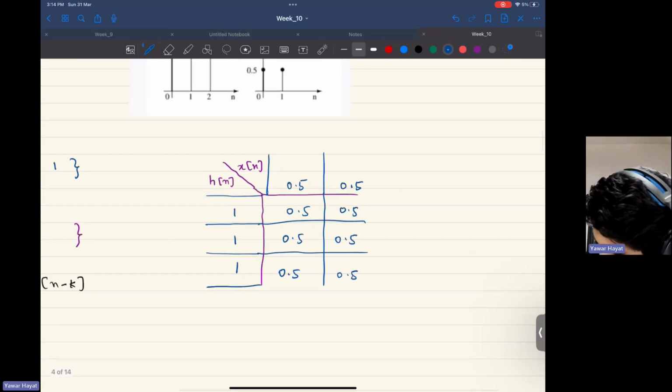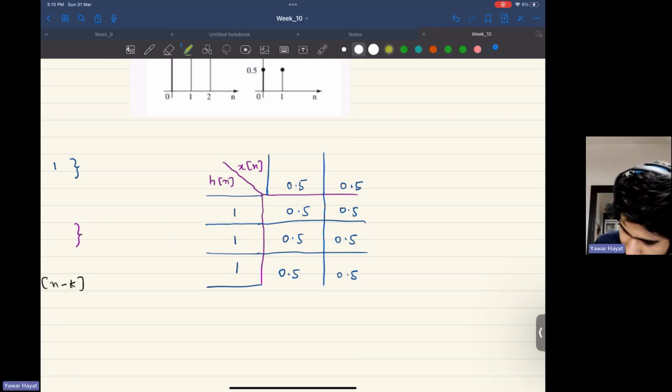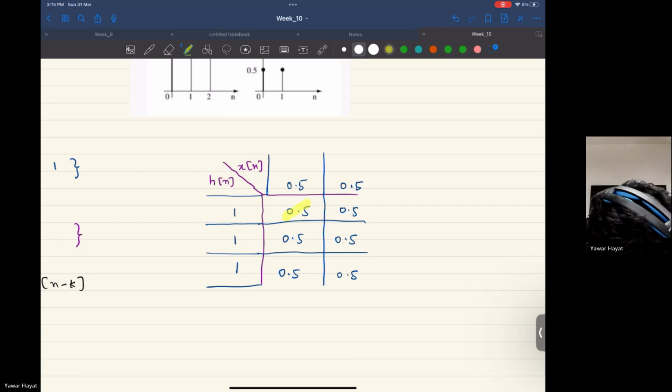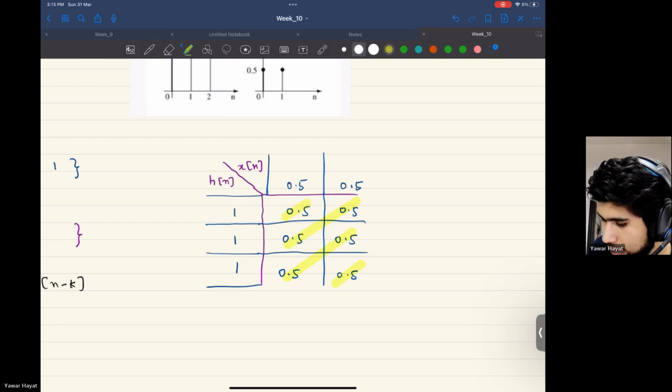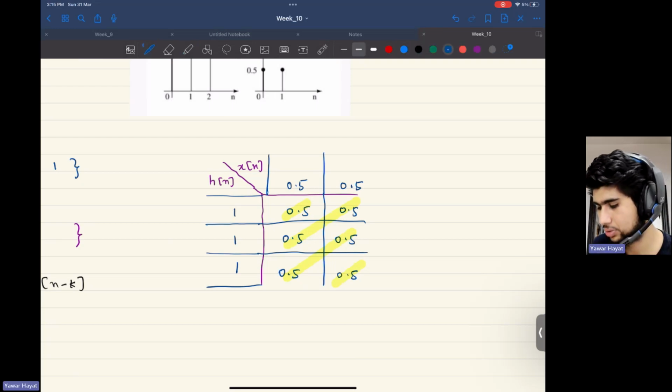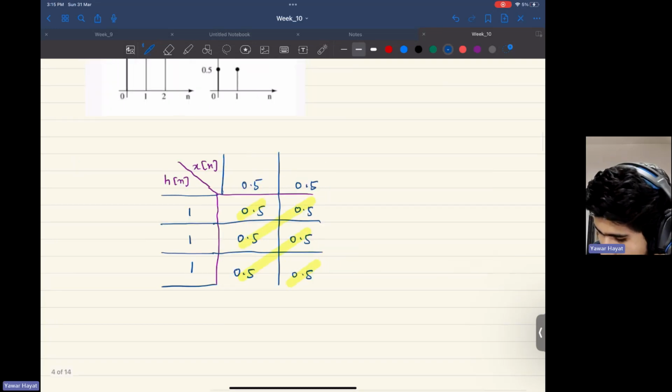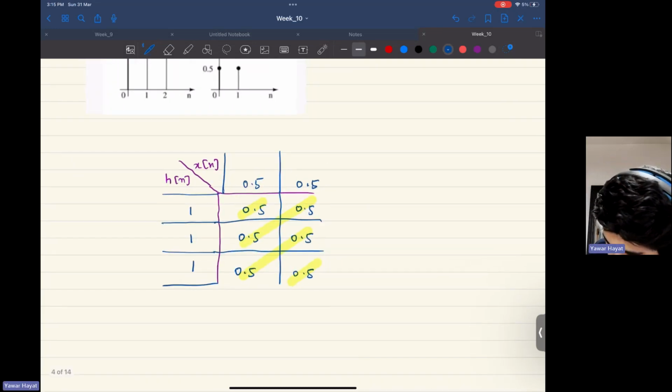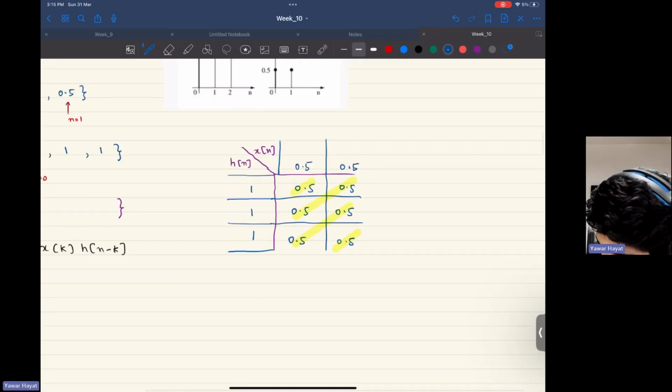What we do is we sum the entries that touch along the highlighted diagonals.